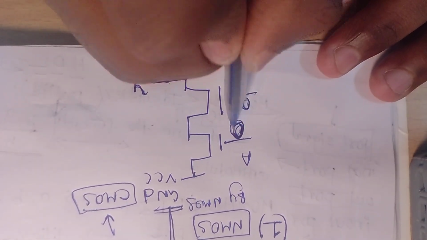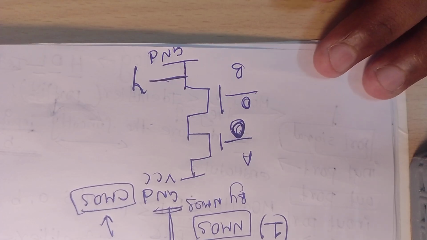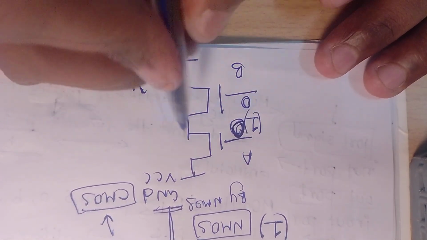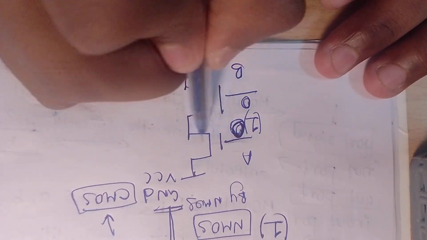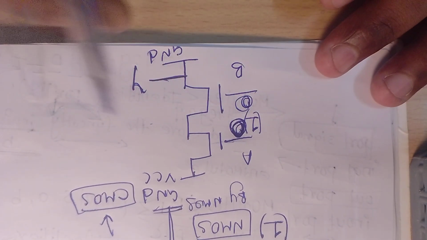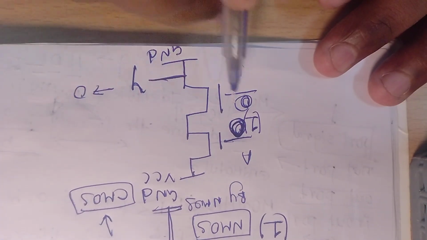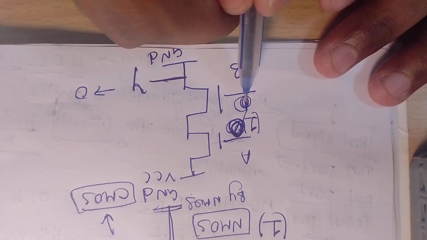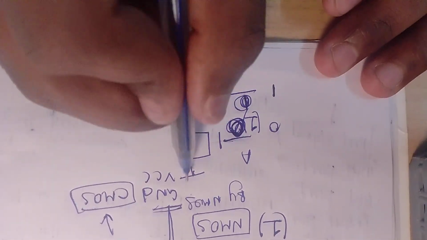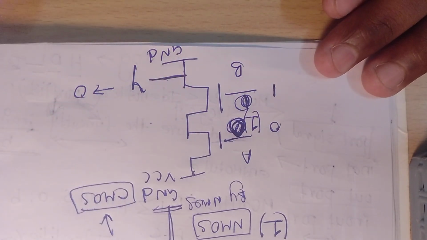As I said, NMOS will work whenever you are giving input as 1. If you are providing 0 0, both will be off, VCC will not connect, so the output will be 0 only. If you are providing 0 1, one of the switches is off, so we cannot get VCC over here, so the output will still be 0.